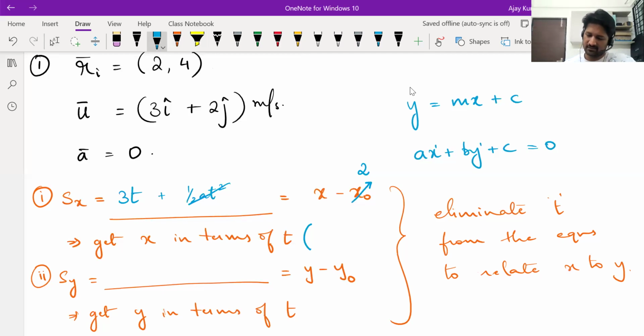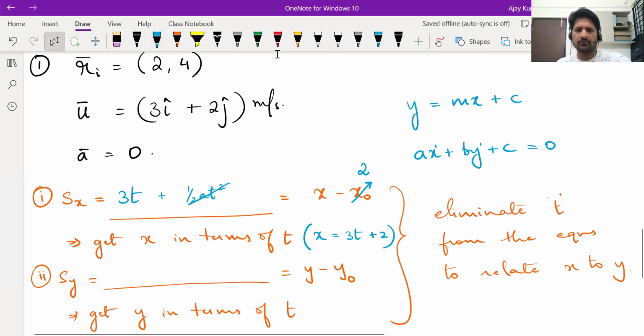Effectively there is 3t on the left hand side and x minus 2 on the right hand side. So 3t is equal to x minus 2, so t is equal to x minus 2 divided by 3. You can't make it 2 minus x. Or you can send the 2 that side. You get x is equal to 3t plus 2. Okay, that is x as a function of time.